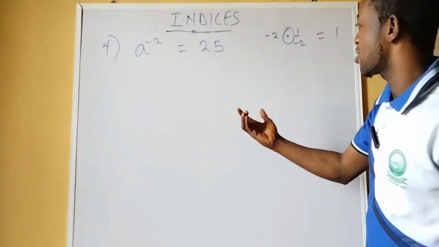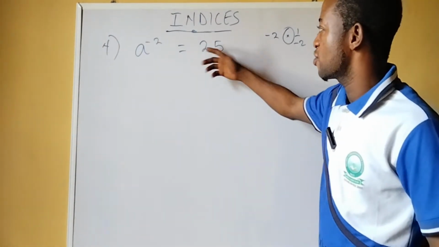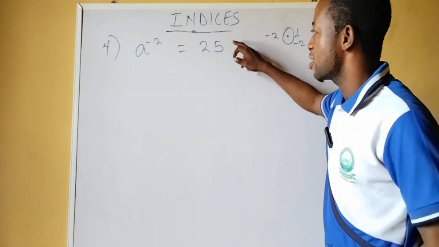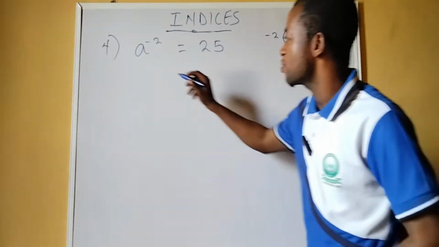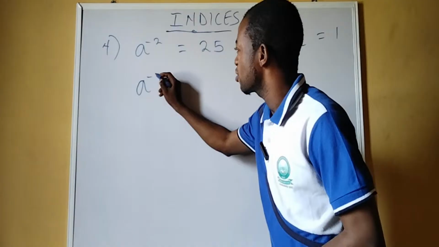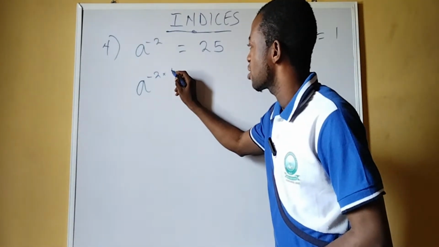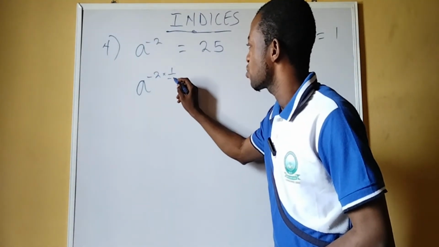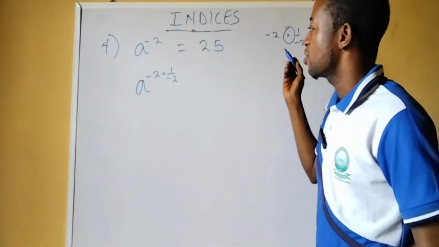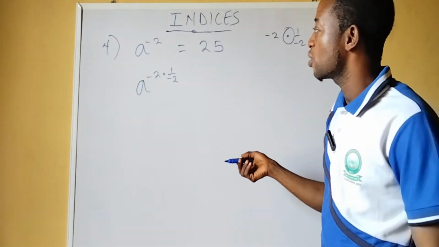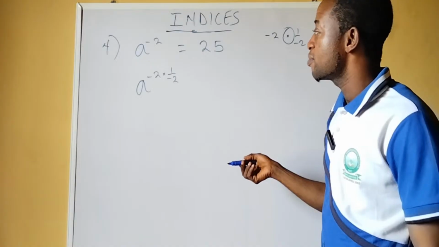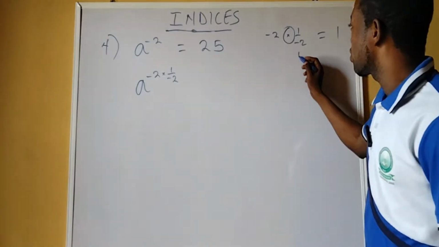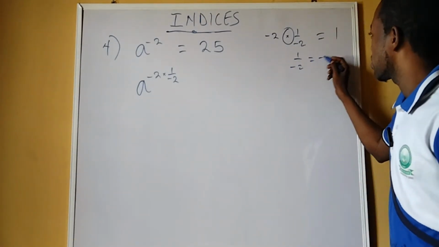So use that to multiply the power on both sides. What I'm saying now is we have a raised to power minus 2 times 1 over minus 2. 1 over minus 2 is the same thing as minus 1 over 2.